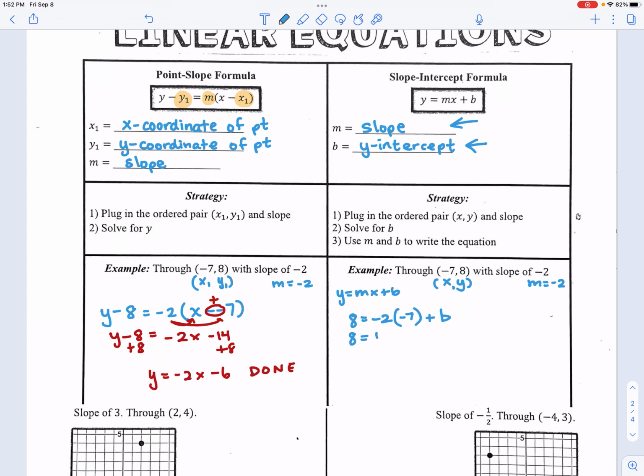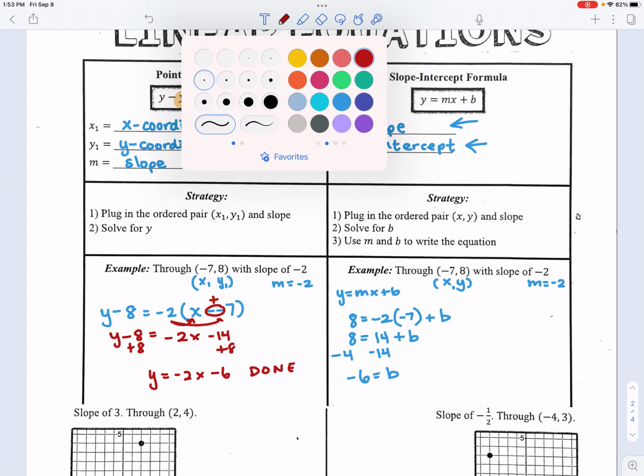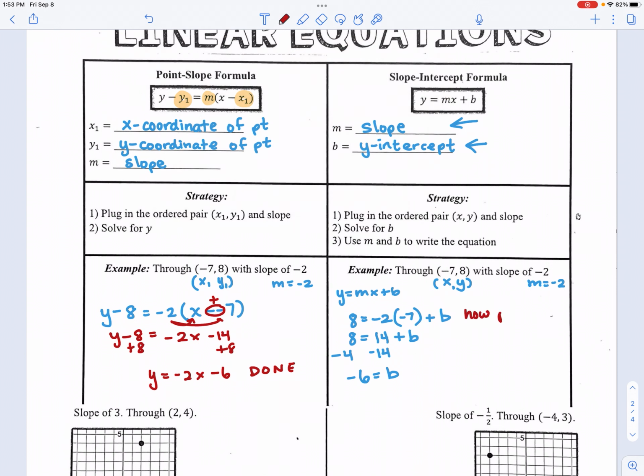So I need to solve for b here. We get 8 equals 14 plus b. Subtract 14 to the other side. I get -6 equals b. But I'm not done yet. Now that I've solved for b, we're going to plug the m and the b into y equals mx plus b.